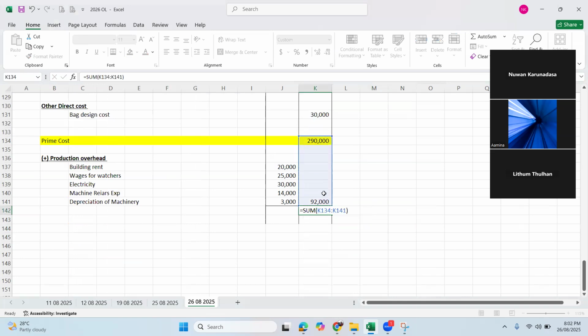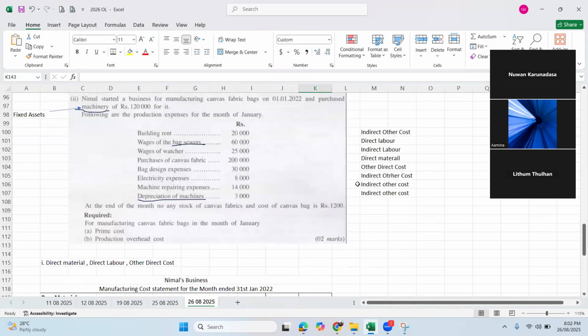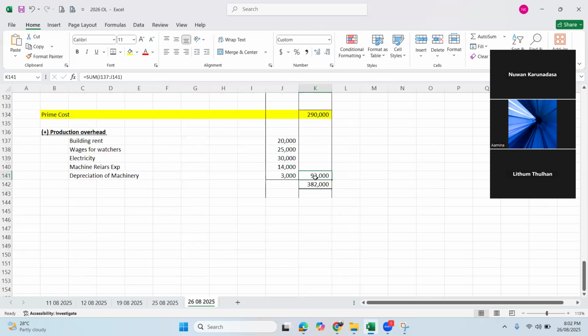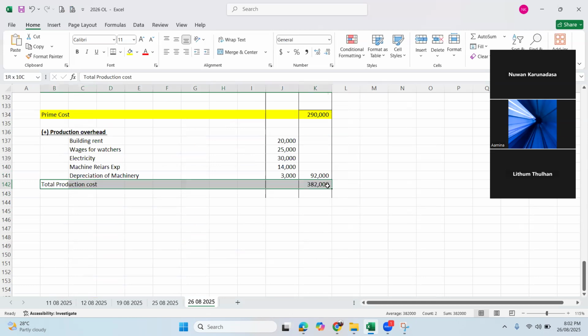Easy. Prime cost done. Production overhead cost is 92,000. Then this is the total production cost.